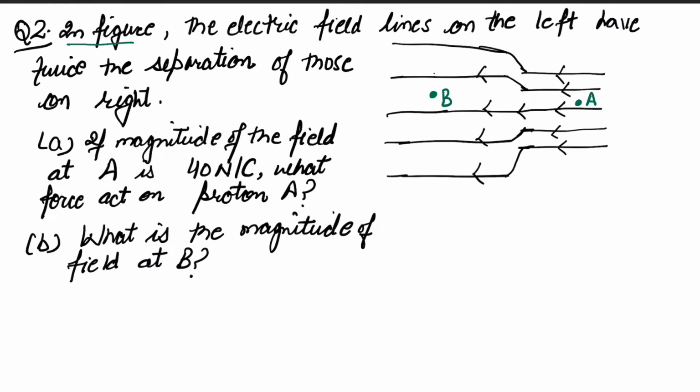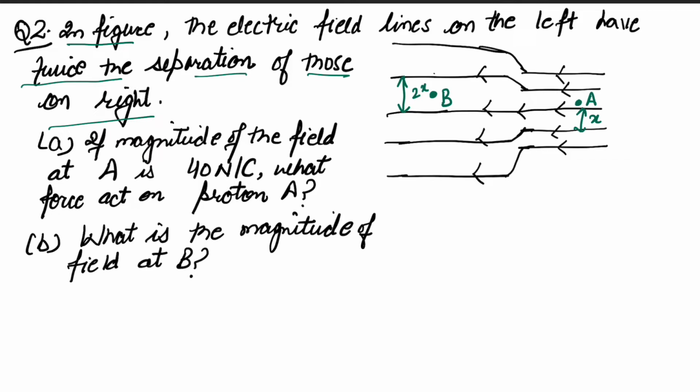In figure, the electric field lines on the left have twice the separation as that of on the right. If here on the right hand side, the separation between the lines is x, then on the left hand side, the separation between the electric field lines is twice of x.